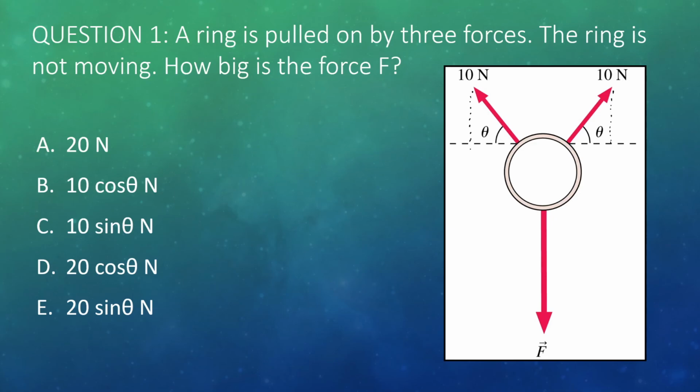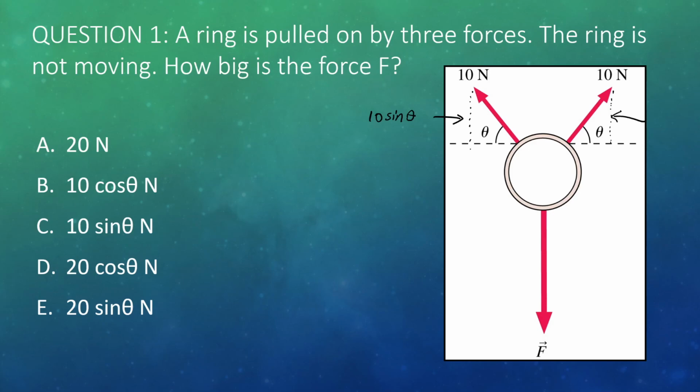Well, the vertical component of this, the upward part of it, is the opposite side of the triangle. So that would be, if you write it over here, 10 sine theta, right? This is the opposite side, so we use the sine function, so it's 10 sine theta. Well, we have it over here too.